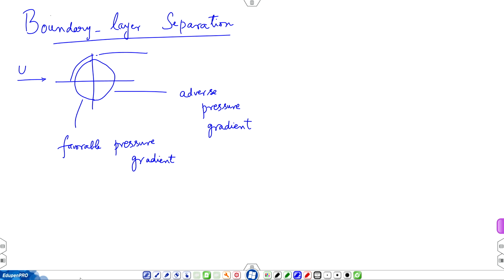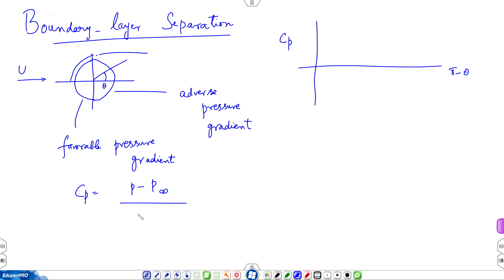So, the consequence of boundary layer separation is seen in the pressure coefficient, defined as P minus P infinity over half rho u square, where P is measured on the surface of the cylinder.